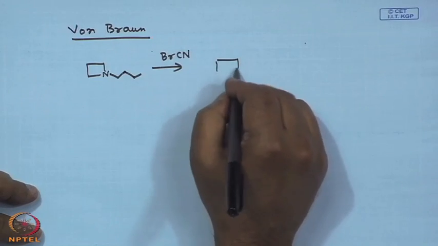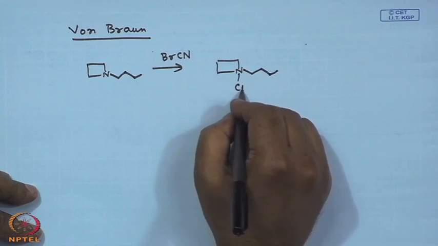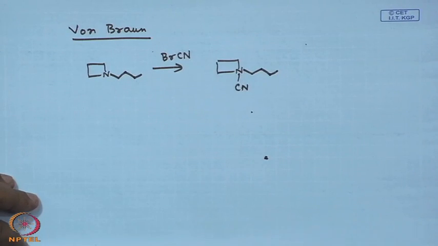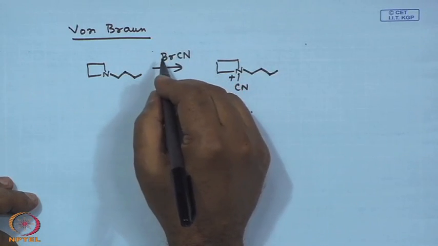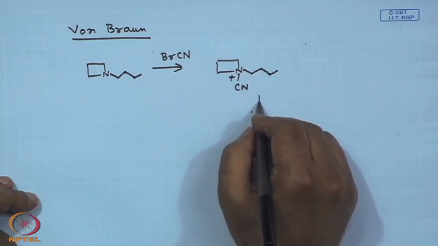Bromide is negative. So, the cyano group here is positive. This is pretty readily available, a pretty old reaction, but in many cases it is very useful.